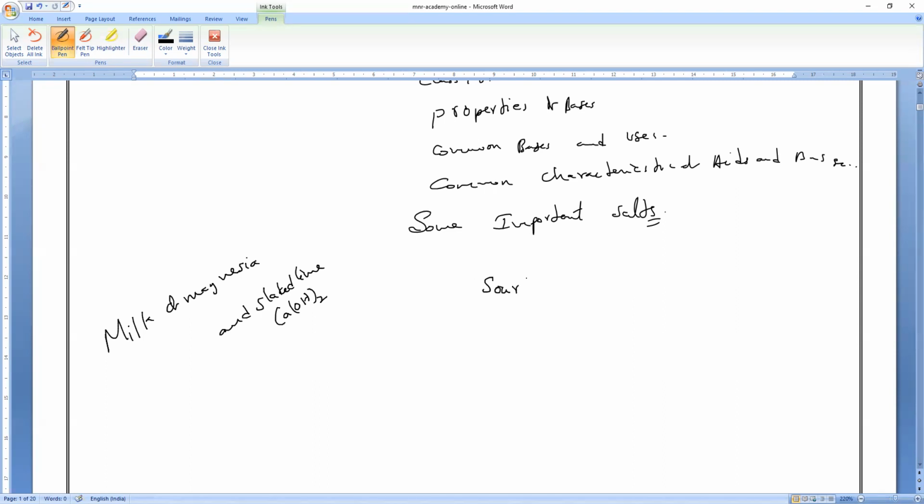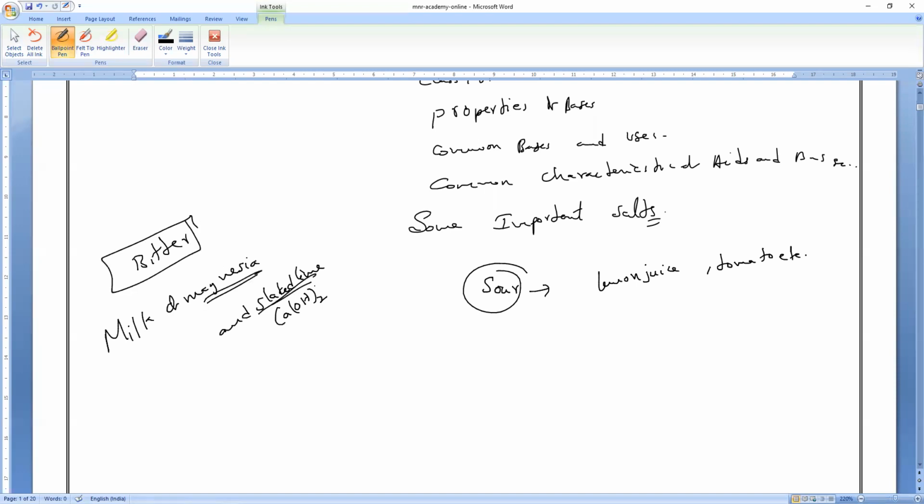So basically, you'll feel it as sour. That is what we can see in lemon juice mainly, as well as tomato etc. And some are bitter in taste, if you notice the milk of magnesia and slaked lime and all. They are bitter in taste.